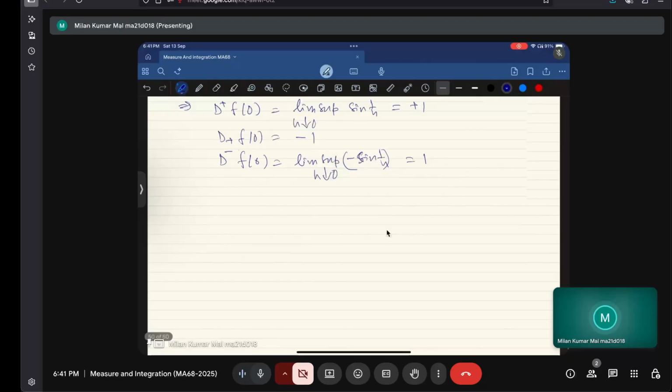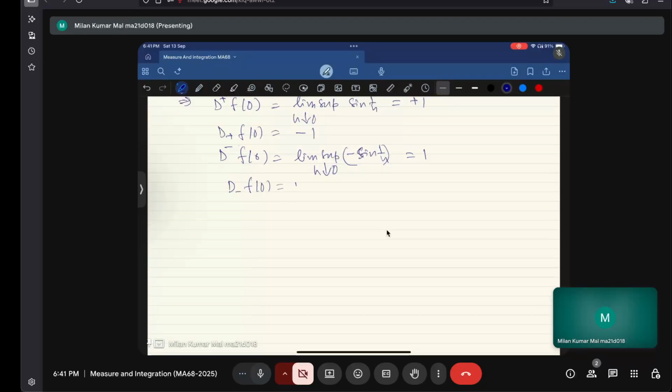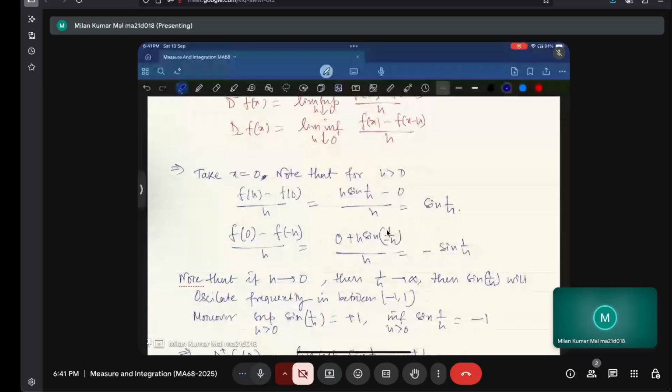and D minus f at 0, which equals the limit infimum as h tends to 0 of minus sin 1 by h, equals minus 1. So the limit does not exist, but that is not our question. Our question is just to compute these ones, and whether the function will be differentiable at the point 0.